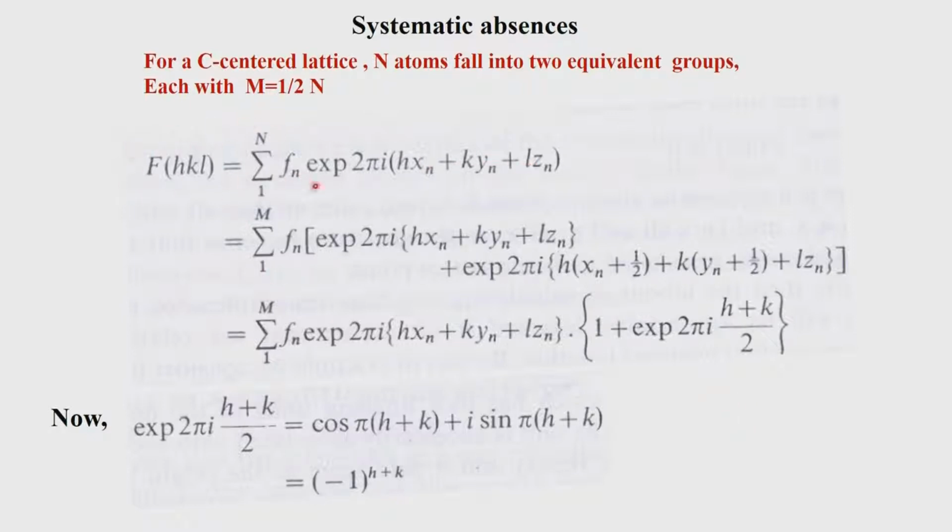So, let me repeat this part to keep your concentration intact. When we go to the general expression of F of HKL, the sum is from 1 to n, where n is the total number of atoms in the unit cell.